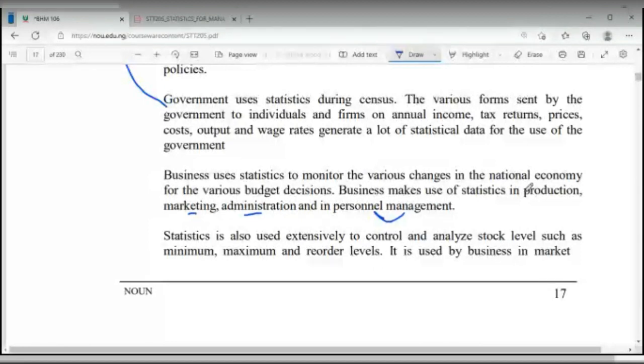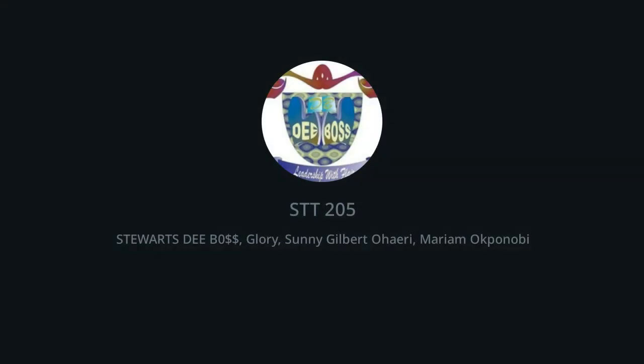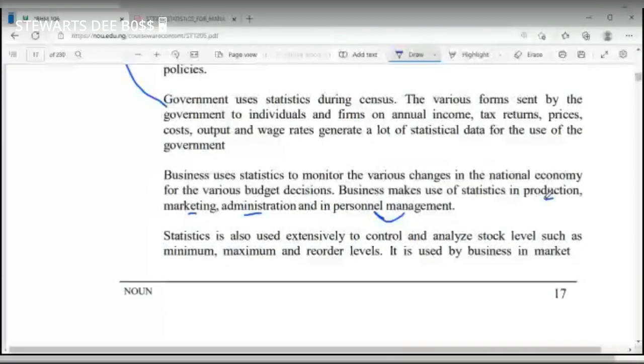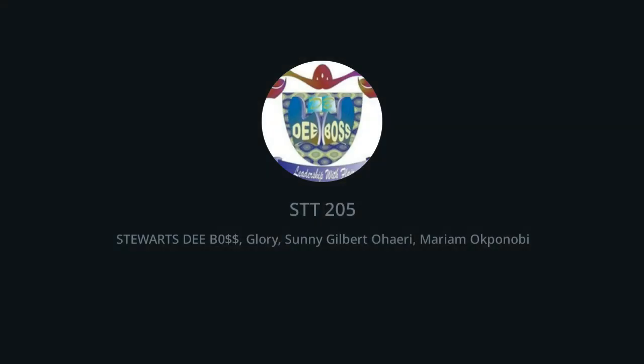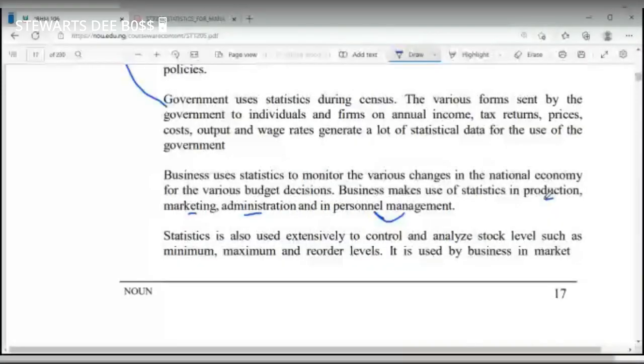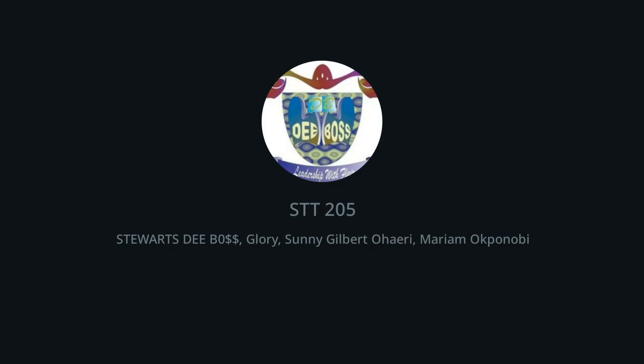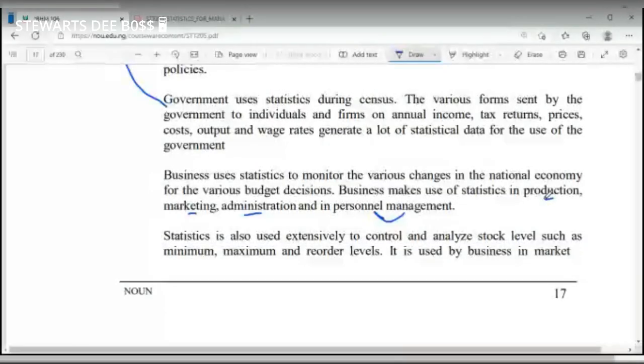That is in this set, so we're looking at BFN 209. We talked about the functional areas of a business, that is the operation, the finance, and the marketing. So when it comes to taking decisions in any of these parts of a business, statistics comes into play.